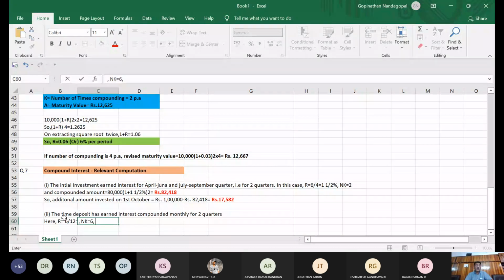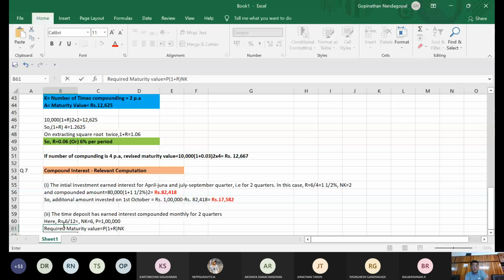Okay, therefore I can say that the required maturity value is equal to P (1 + R/100) to the power NK.